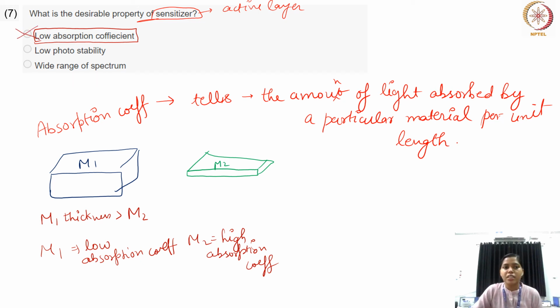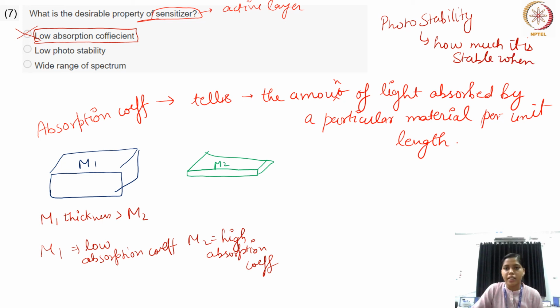The second option is low photostability. When I'm talking about photostability, it means how stable the material is when it is illuminated under the solar radiation.